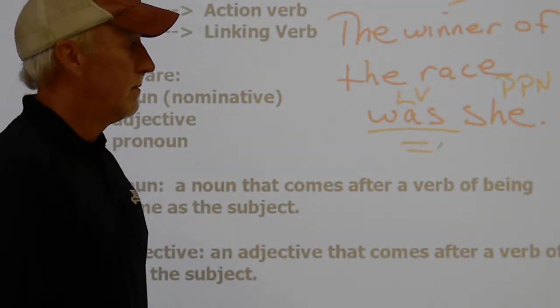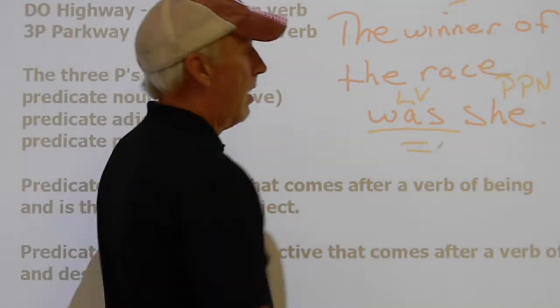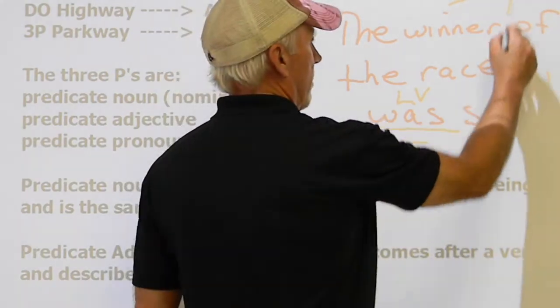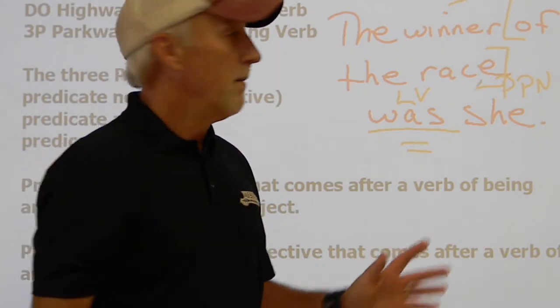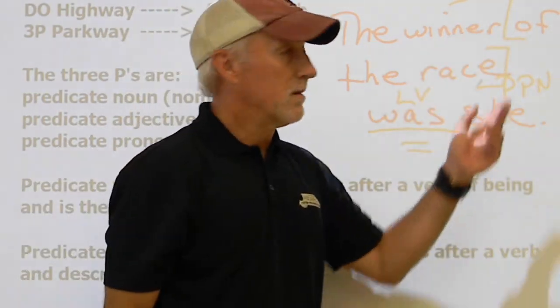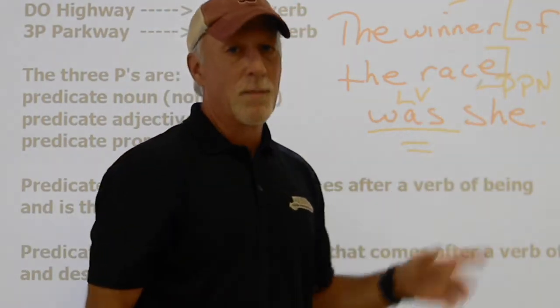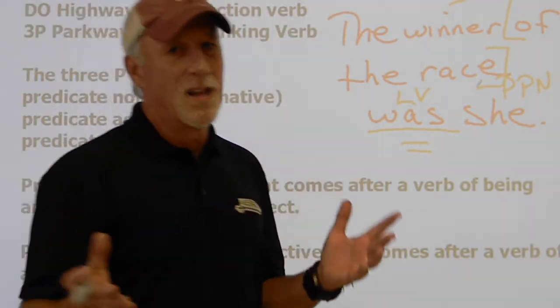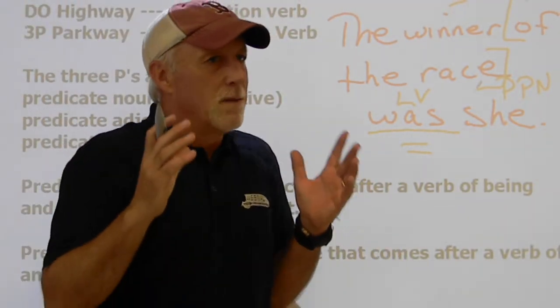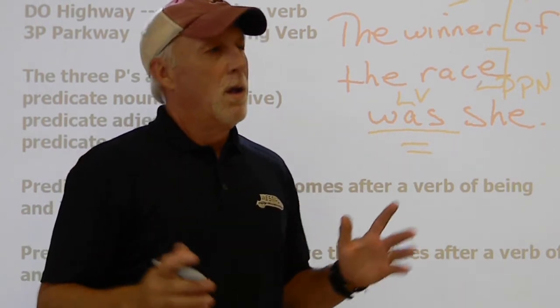Those are the 3 P's, okay? Hopefully most of you know what "of the race" is. We'll get to that. If you don't, it's okay. That is a prepositional phrase. Of is a preposition, with an object of the preposition. But that's a couple of steps down the way, and we've got lots of steps. Right now we're up to step 4.